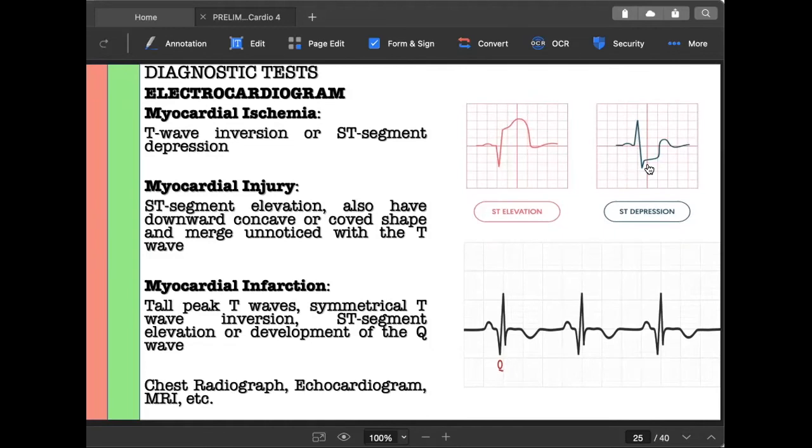In myocardial injury, ST segment elevation also has a downward concave or cove shape and merges unnoticed with the T wave. And here in MI, there's going to be a tall peaked T wave, symmetrical T wave inversion, ST segment elevation, or development of the Q wave, so you can see this one.